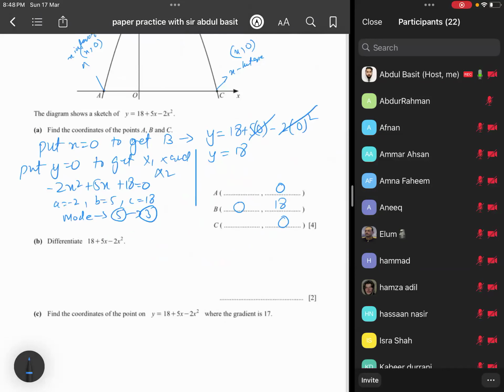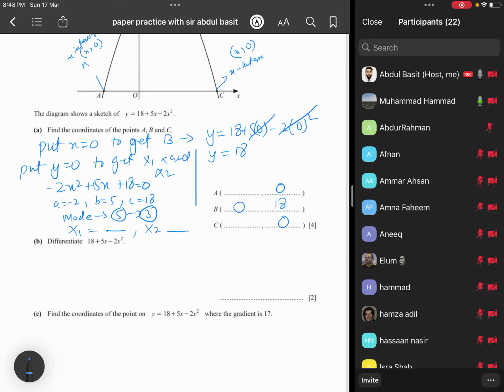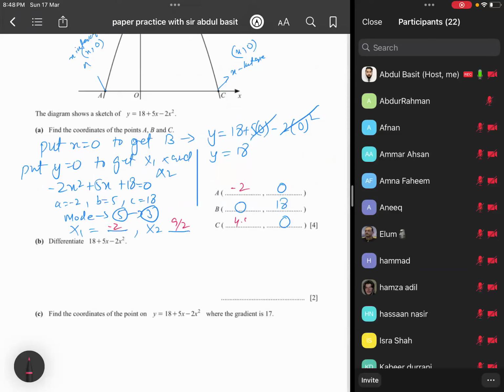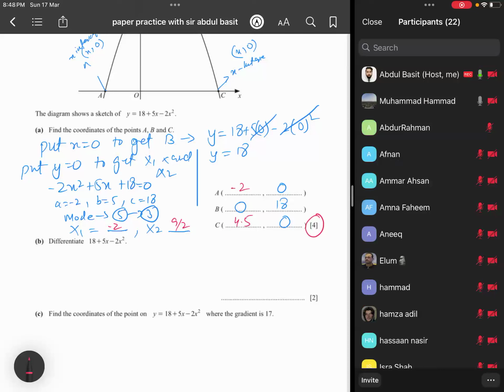Plot ABC and tell me what is the value of x1 and x2. X1 minus 2, X2 9/2. So minus 2 would be the coordinate of A, and 9/2 means 4.5 would be the coordinate of C, right Hamad? Because A is on the negative side, that's why I gave it -2. Yes, sir.